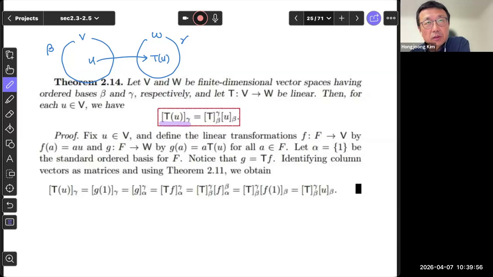So the bracket of T of U with respect to gamma represents the coefficients of the linear combination when T of U is expressed in terms of the basis gamma in the codomain.